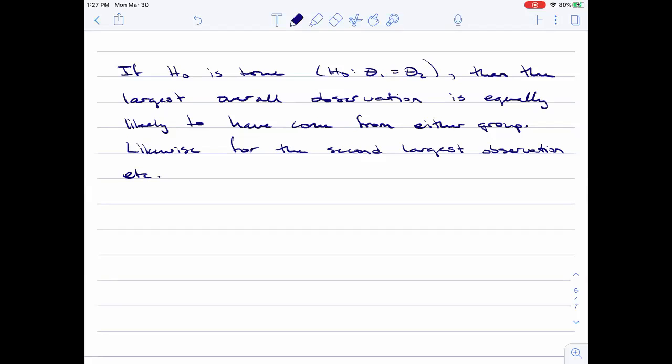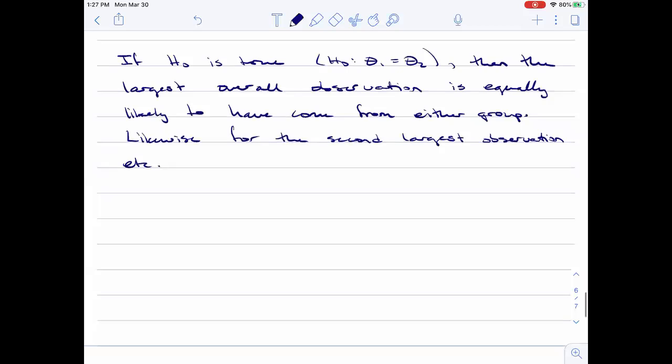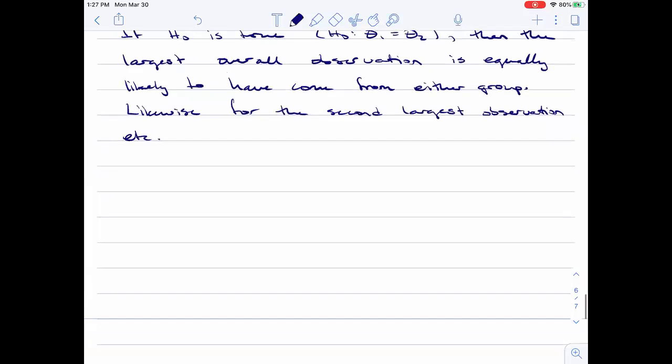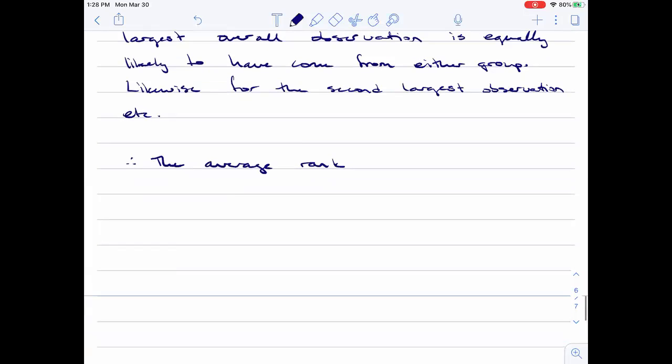So what we do is calculate the average rank, and therefore the average rank of the data from the first group should be roughly equal to the average rank of the data from the second group.